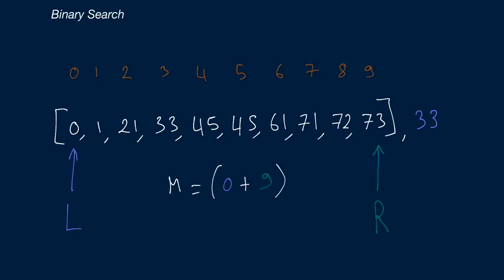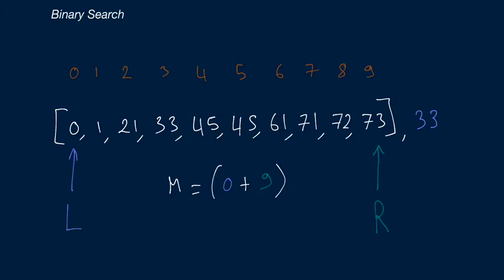And now, because we're dealing with indices, we don't want the index to be a decimal number. So in this case, we're going to have 0 plus 9 divided by 2. That's 4.5. 4.5 isn't a valid index. That would just bring us here in the very middle of the array between two numbers. So we're going to round this number down.